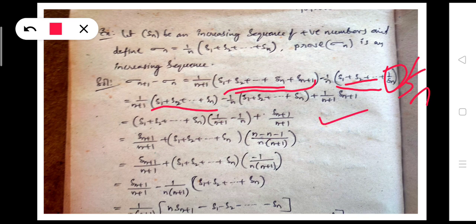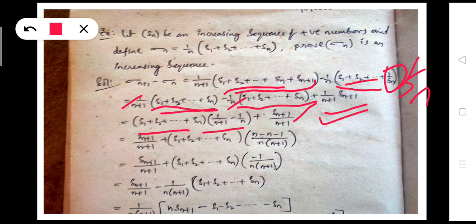Now simplifying, what are the common terms? S1 plus S2 plus ... plus Sn is common. We get 1 by n plus 1 minus 1 by n, and the last term is Sn plus 1 by n plus 1.